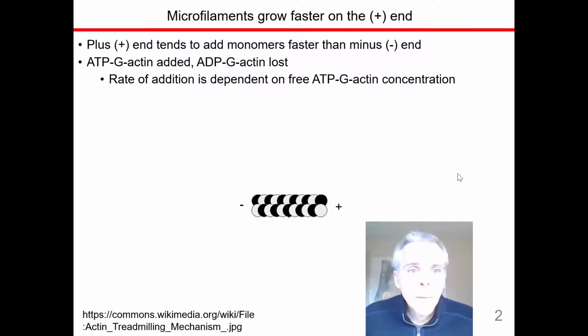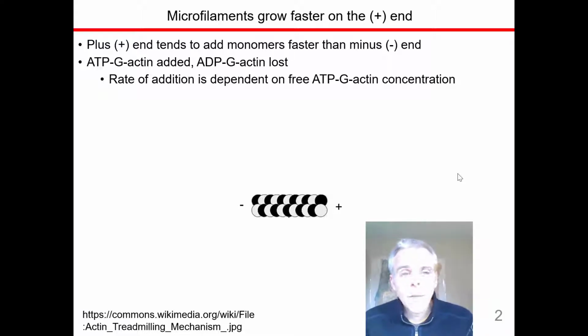In microfilaments, we add the G-actin monomers when they are bound to ATP. If you recall, in microtubules, tubulin dimers were added to the microtubules when they were bound to GTP. So microtubules would add GTP tubulin subunits. In actin filaments or microfilaments, we add ATP G-actin. Just like in microtubules, when the GTP was hydrolyzed to GDP, those tubulin dimers would fall off the microtubules.